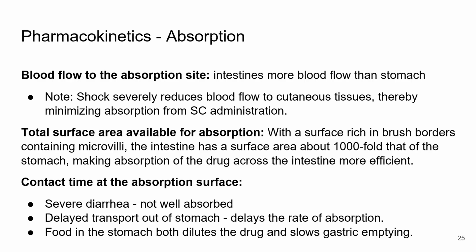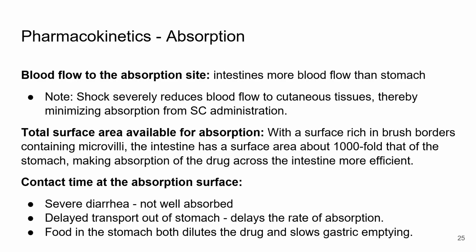And then finally is contact time at the absorption surface. If drugs move too quickly, for example, through the GI tract, they will not be absorbed well. So severe diarrhea is going to reduce absorption because there is not enough contact time for the drug to be taken up. On the other hand, delayed gastric emptying will slow the absorption of medication.